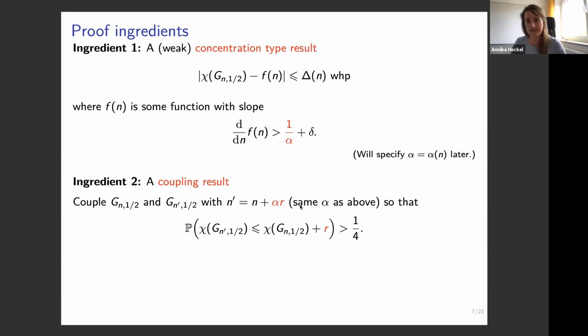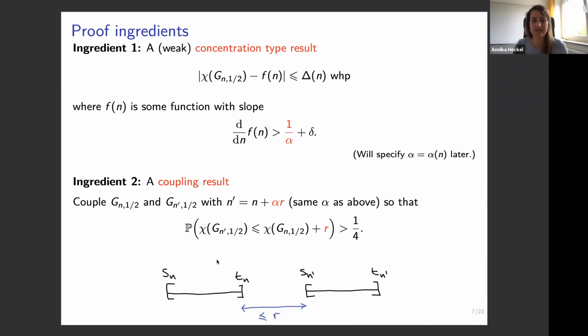Now, I'm also not telling you yet what r is, but we want r to be as large as possible to get a good lower bound on the concentration. Okay, what does the coupling do? The coupling tells us that if we have a sequence of intervals that contains the chromatic number with high probability, then the intervals are reasonably close together.